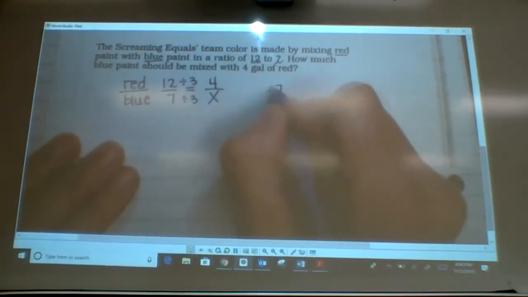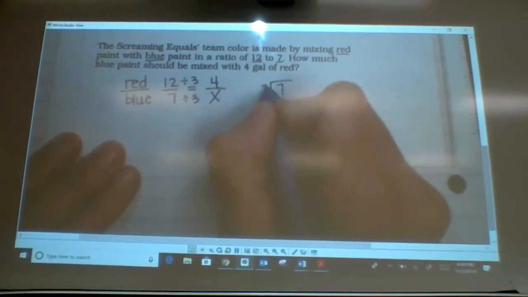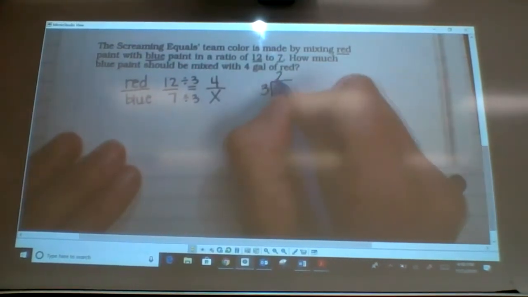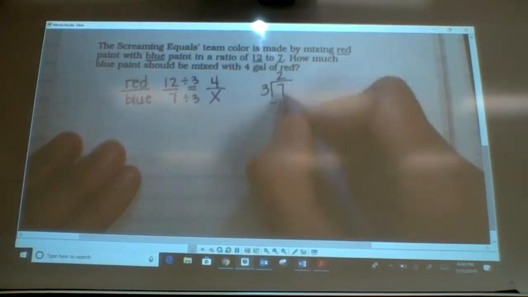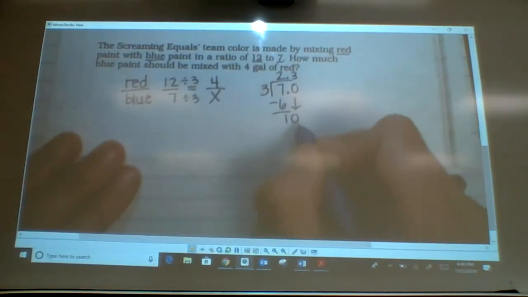So 7 divided by 3 is going to be, I'm going to do a decimal form this time. I already know what a third is, but let's just do it for fun.